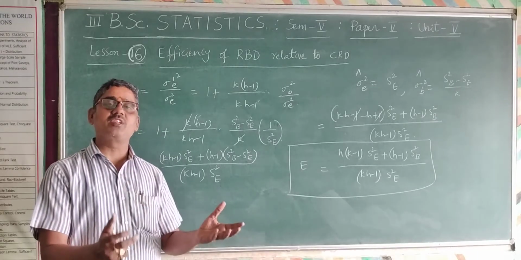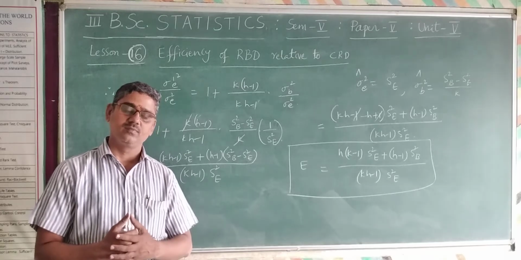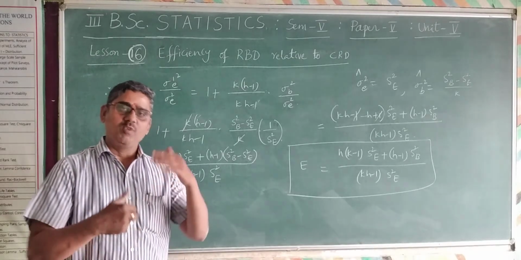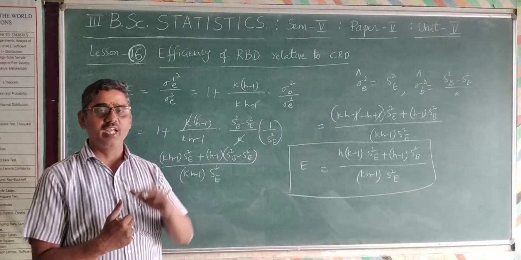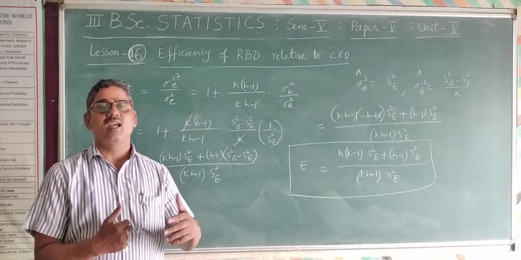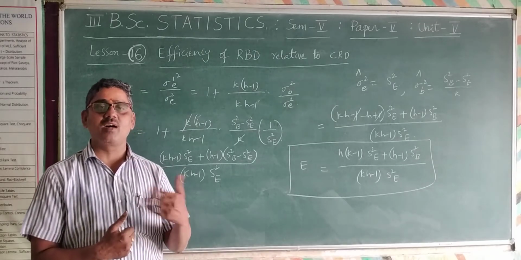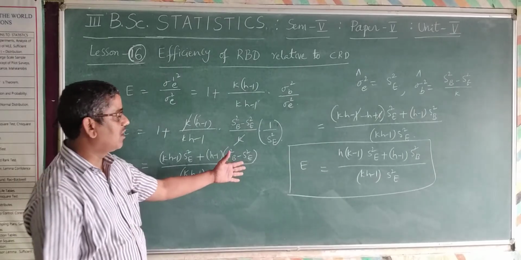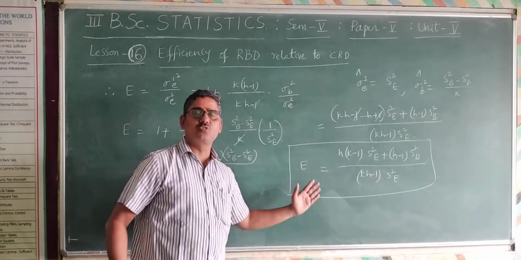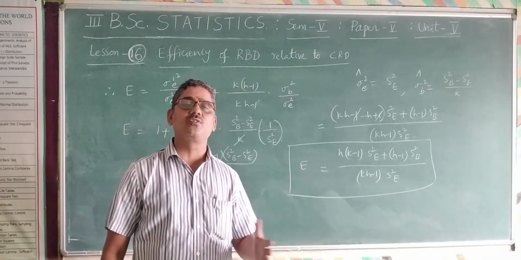Then we get an equation of sigma dash square E by sigma square E, which is nothing but the efficiency of RBD relative to CRD, in which you replace the estimators of sigma square B and sigma square E, and you will get this particular result. This is the formula of efficiency of RBD relative to CRD.